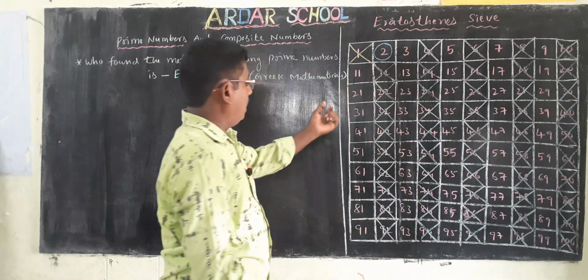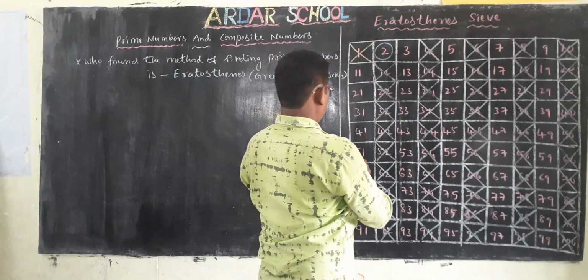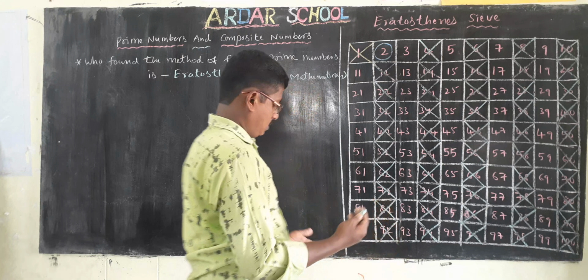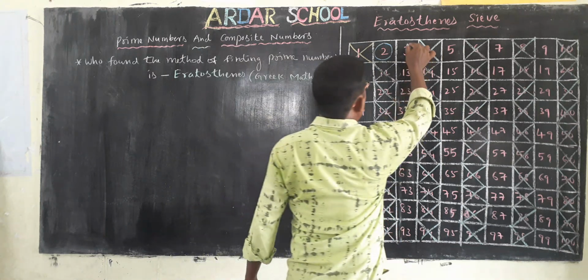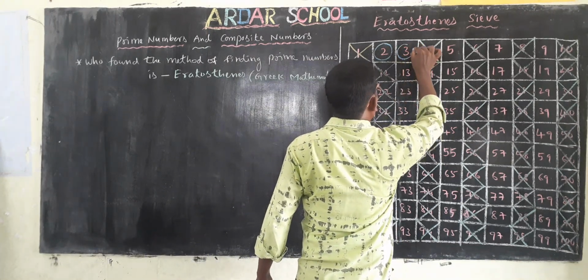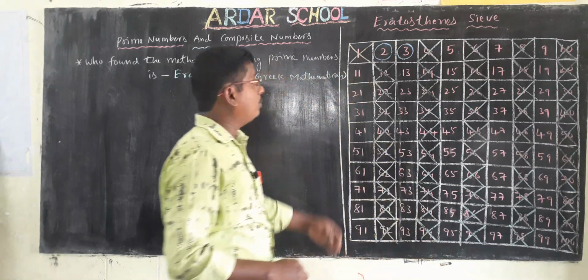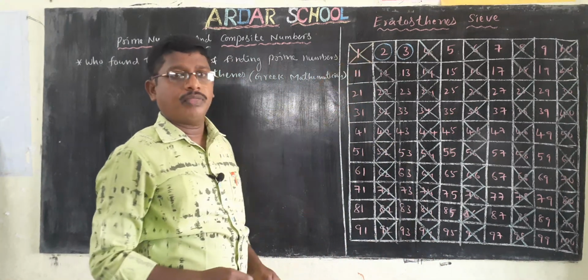Next we go to number 3. 3 is also a prime number, so circle 3. Then cross the multiples of 3.